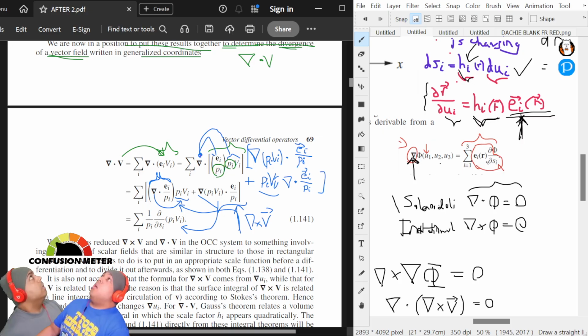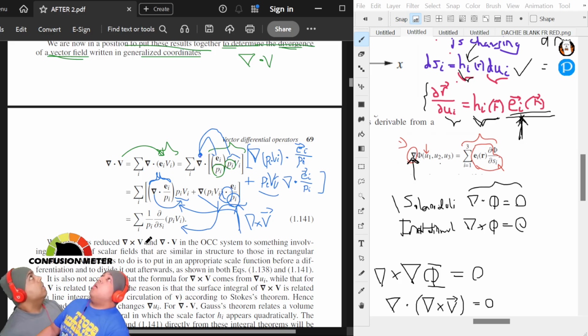You replace the gradient with EI del SI. And it works out well because the dot product of EI and EI should just give, both EI should disappear because of the dot product. So you'll end up with del SI of PIVI and 1 over PI from there. Yeah.